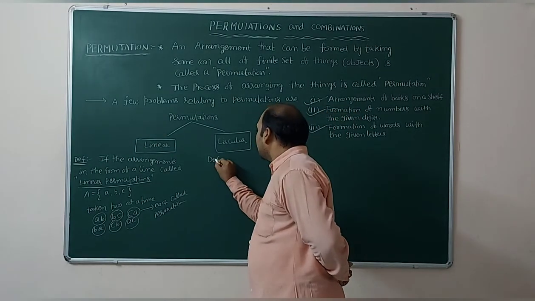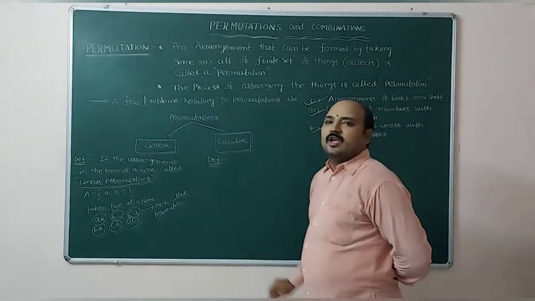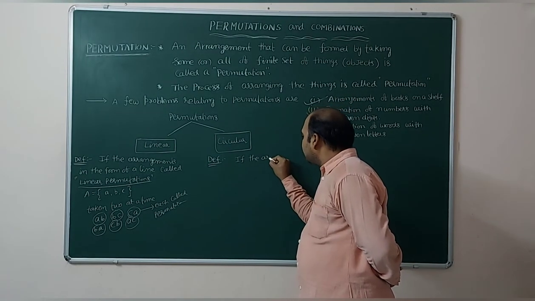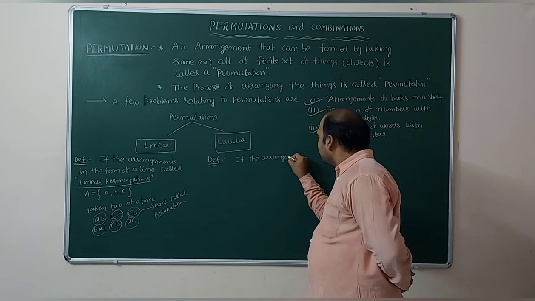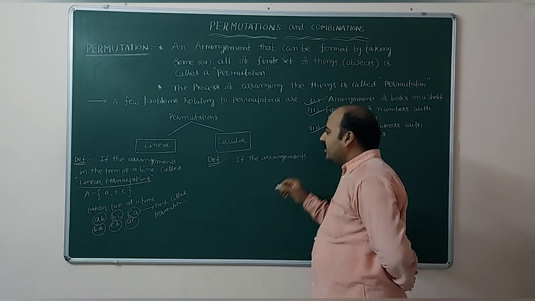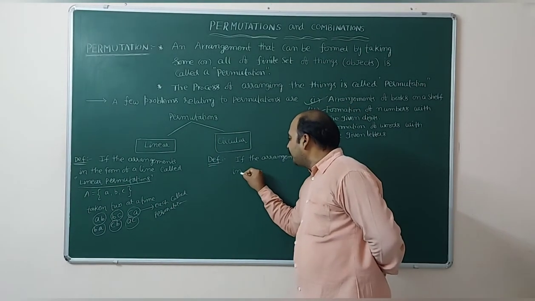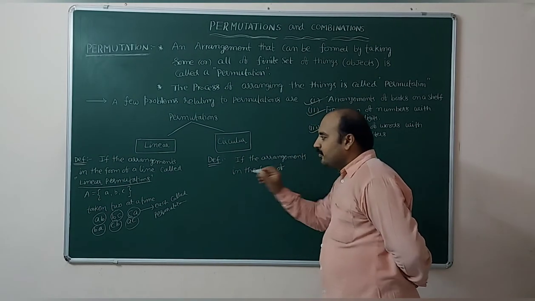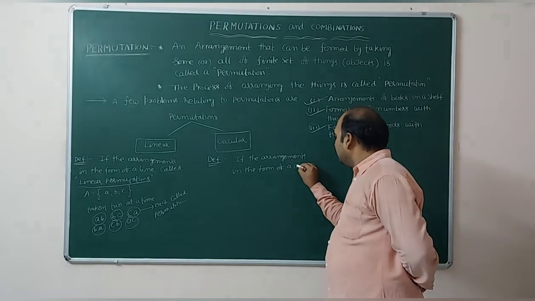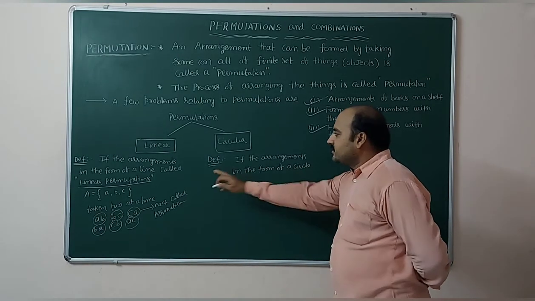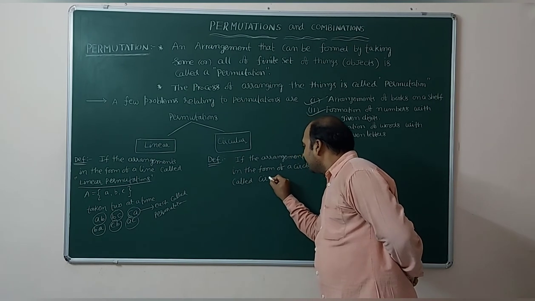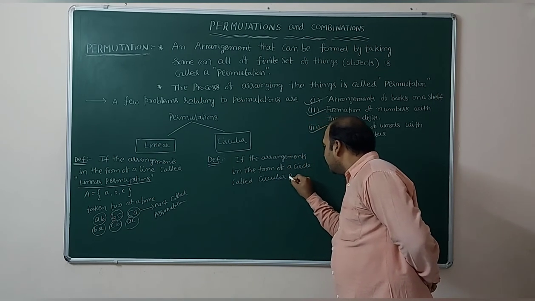Definition of circular permutation: if the arrangements are in the form of a circle, they are called circular permutations.